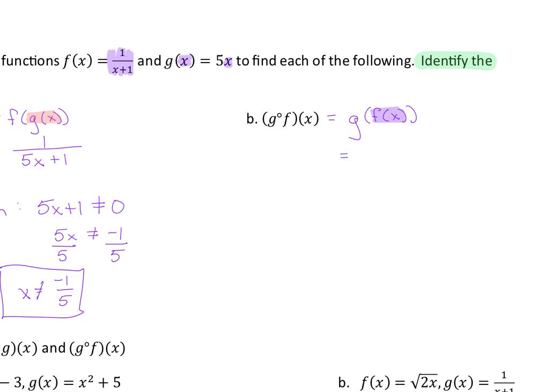If we do this, we get 5 times 1 over x plus 1. And you can go ahead and simplify that. We can go ahead and rewrite 5 as 5 over 1. We can multiply straight across, and we get 5 over x plus 1.